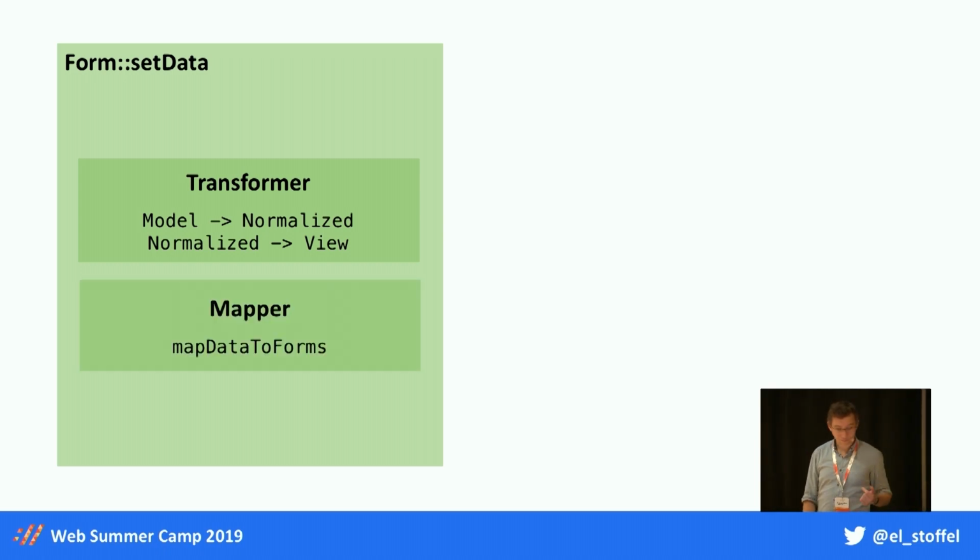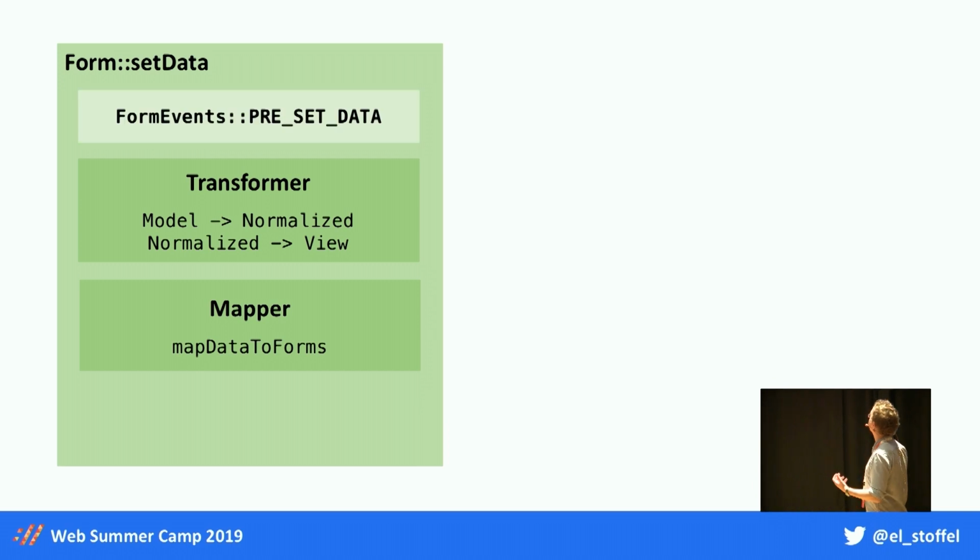And afterwards, there is even the data mapper that maps data to the form. If we want to hook into this and maybe manipulate the structure of the form or manipulate the data, there are events to do that.